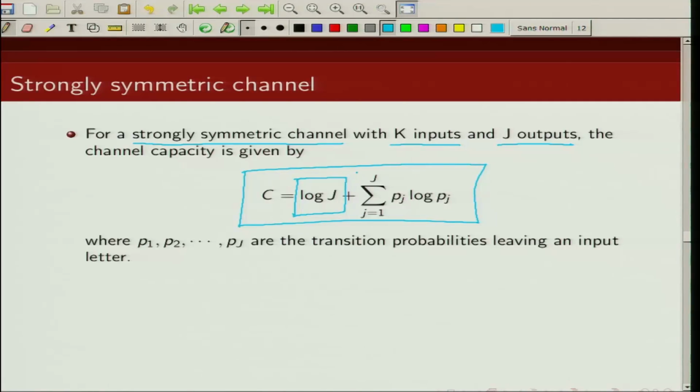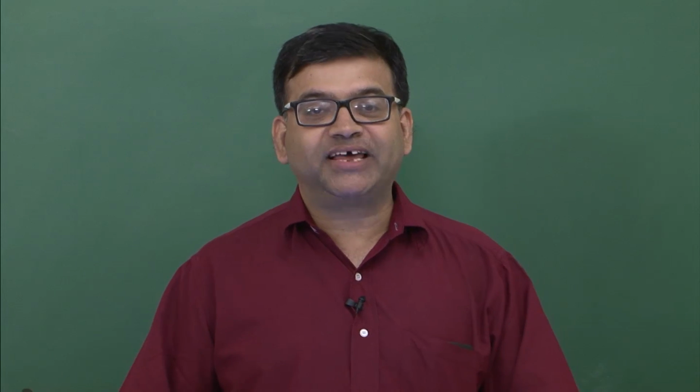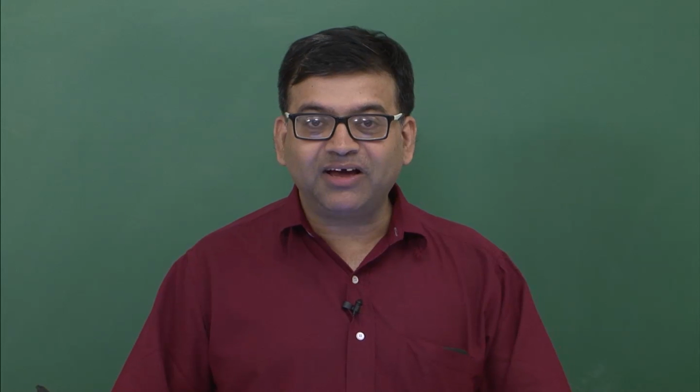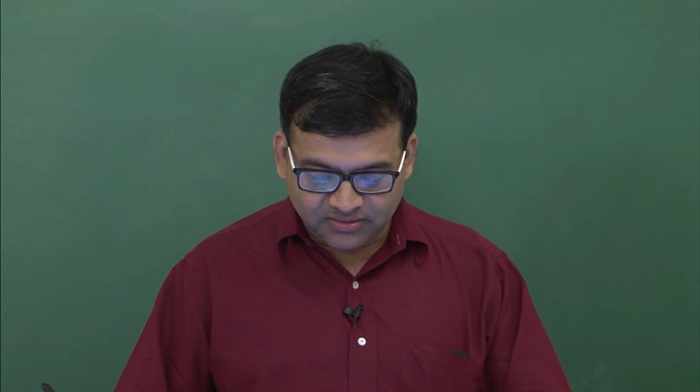And for a uniformly dispersive channel, irrespective of the input distribution, h of y given x is given by minus of this quantity. So, we know exactly the expression for capacity of a strongly symmetric channel.